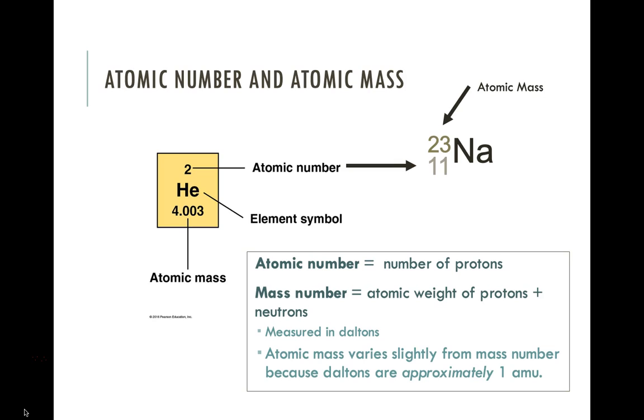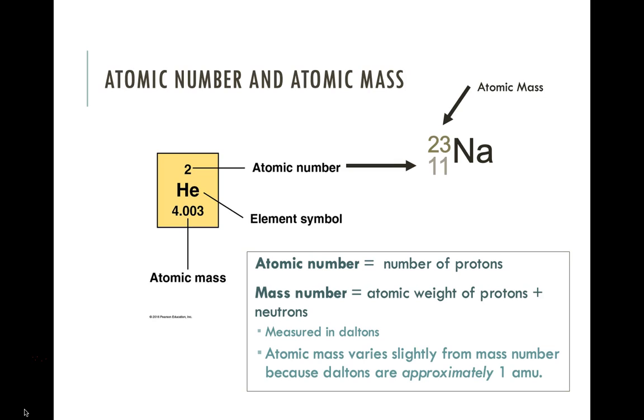So over there on the right-hand side, we have our shorthand notation for sodium. Sodium is represented by Na. And here we see that we have the atomic number on the bottom. The atomic number for sodium is 11. This means it has 11 protons.